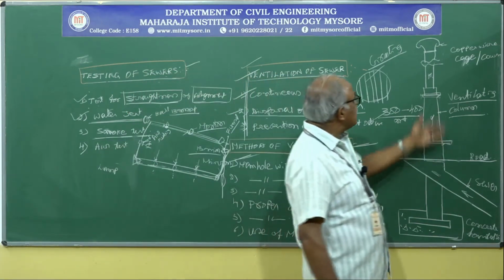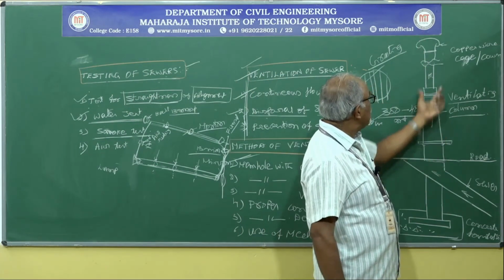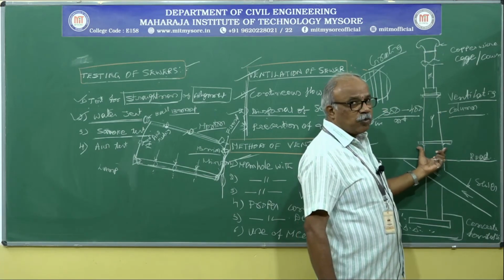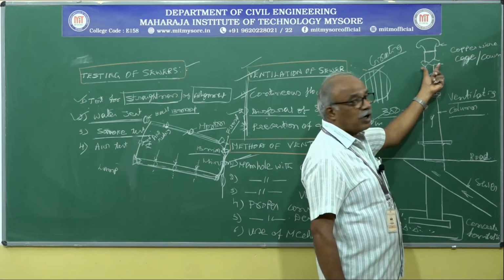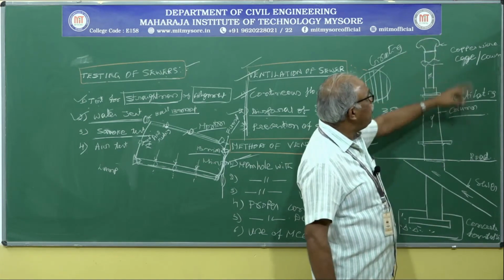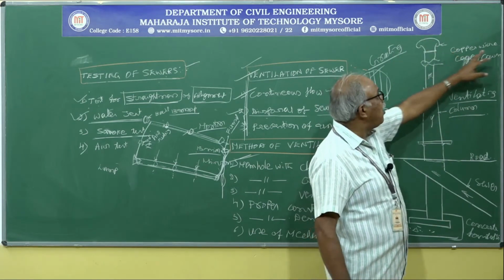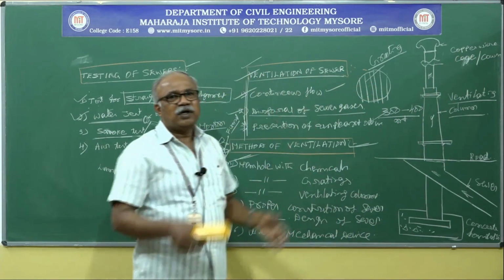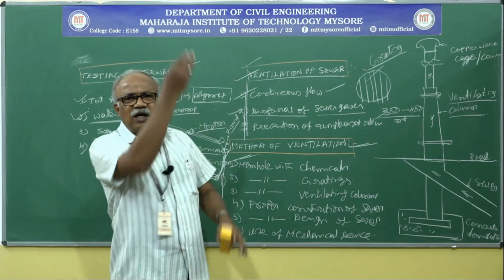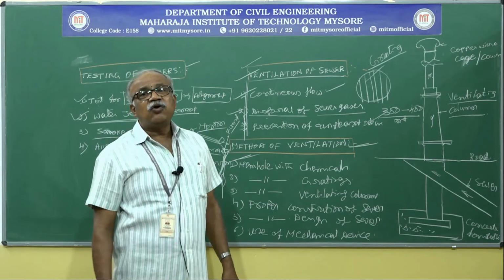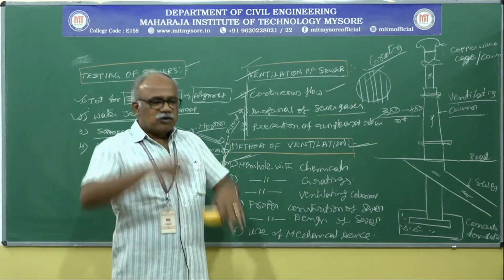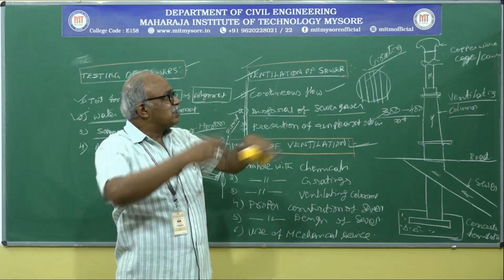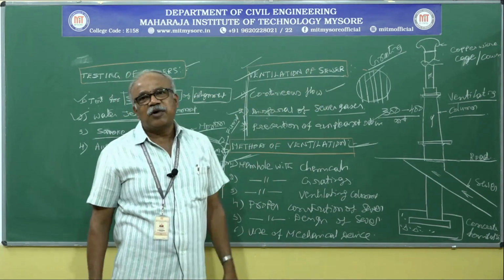This column is constructed like this. This is the enlarged portion, this is the smaller portion, and at the top we provide a copper wire cage or cowl to cover it. The gases should not enter the atmosphere directly. For that purpose, we have to obstruct the gases. Slowly they should escape.